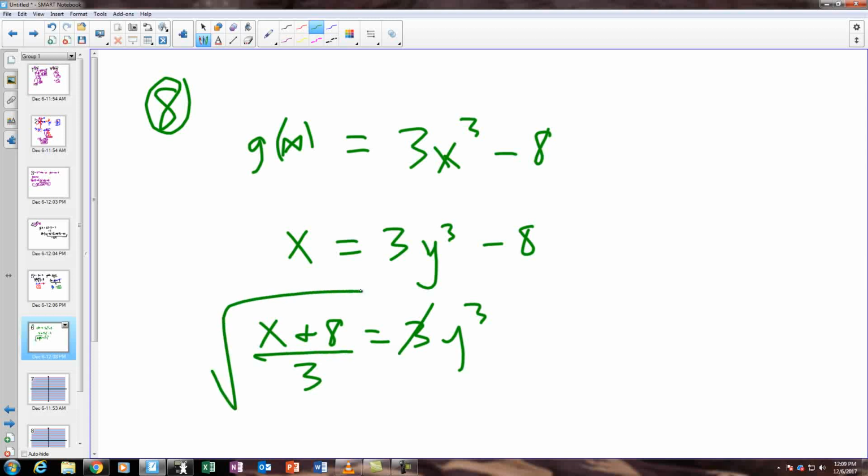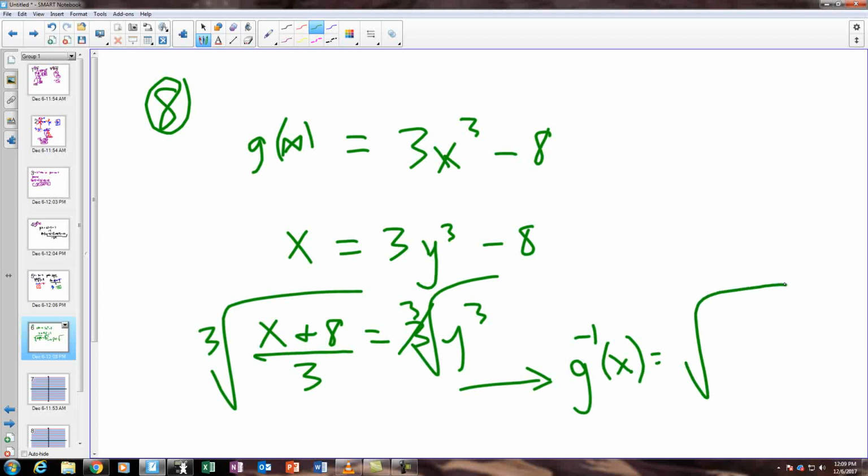So I could even apply that cube root to the whole thing here and say that my new function, the inverse of g, you could also just write y equals. I wouldn't mark that wrong, but the inverse of g is the cube root of x plus 8 all divided by 3.